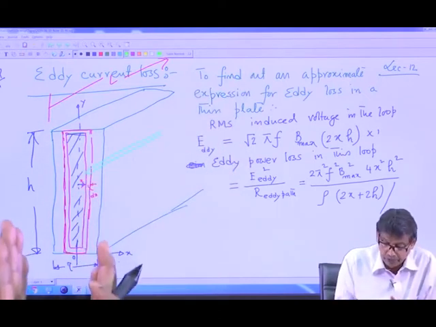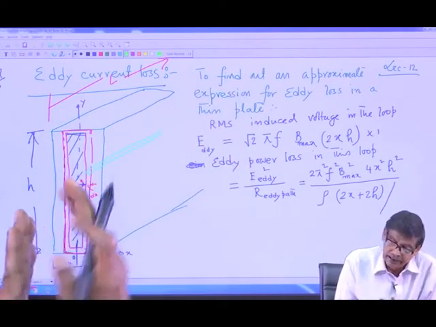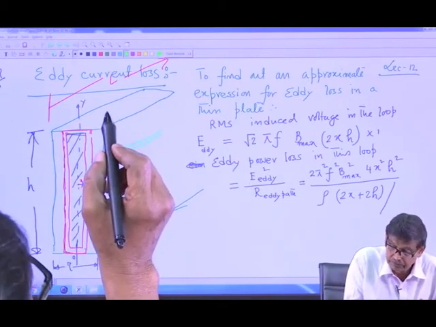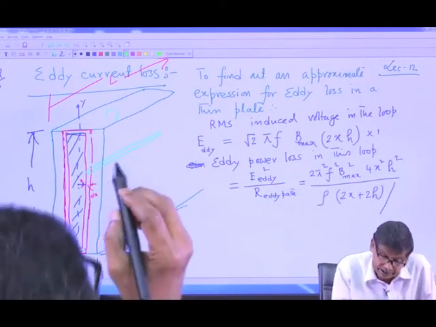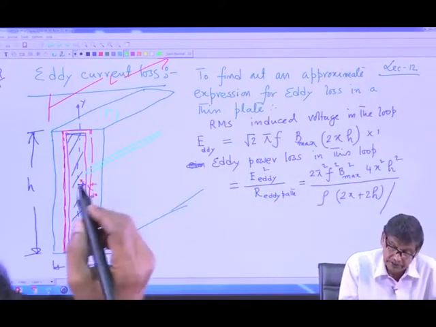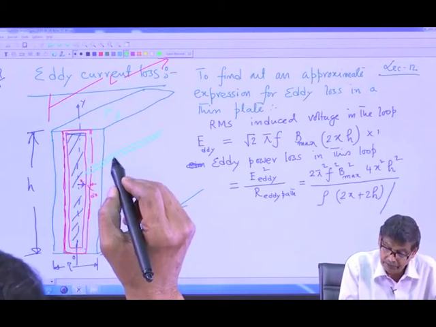The loop is positioned at a particular x and it is here also, and the eddy current path will be perpendicular to this area.